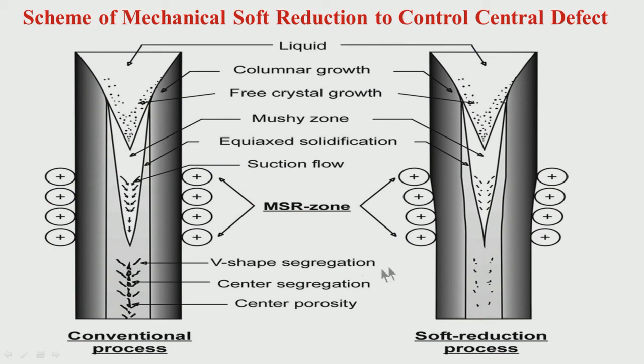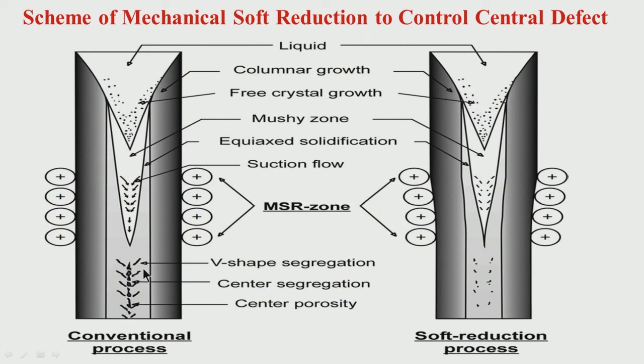So what is happening? The segregation and the porosity at the center area are coming down, the intensity is coming down. Instead of a pronounced central line, it is getting distributed. That is what is important. So the effect of soft reduction is to control the level of segregation and crack at the central line.